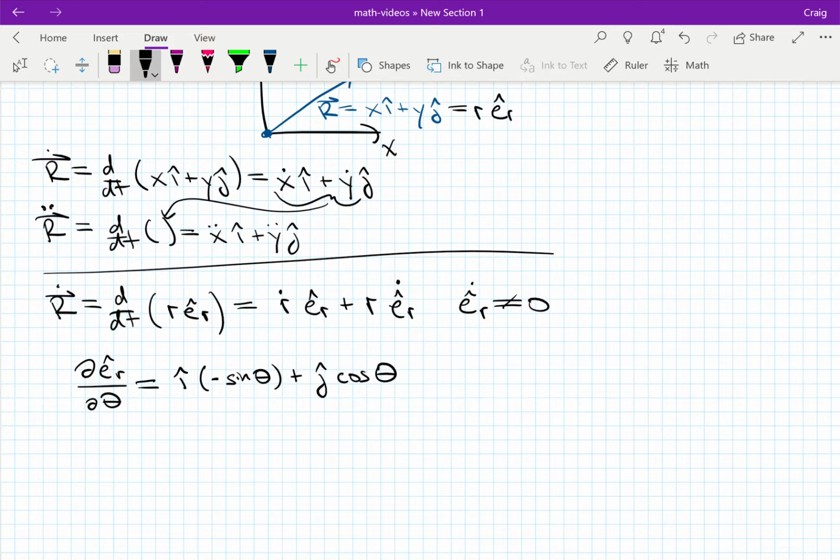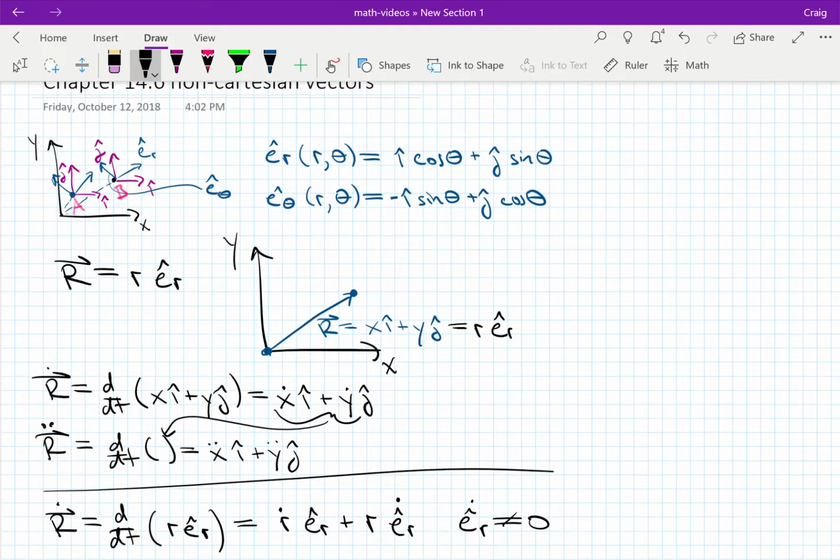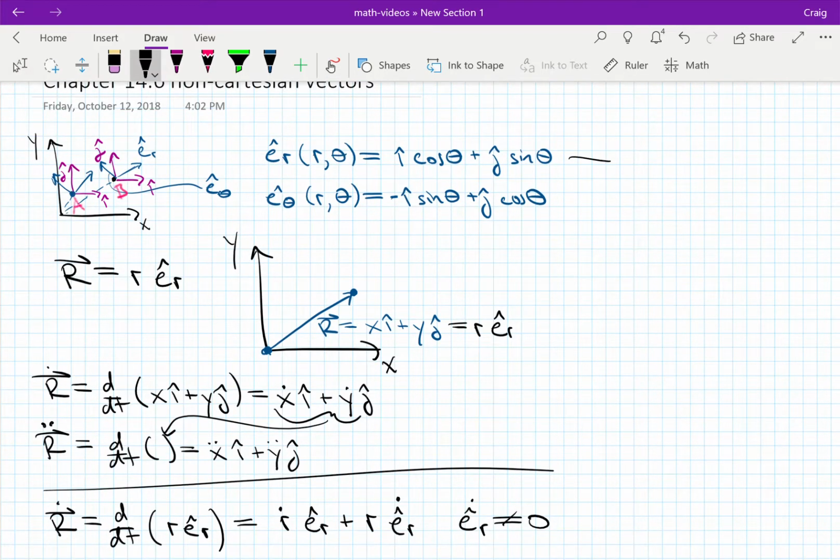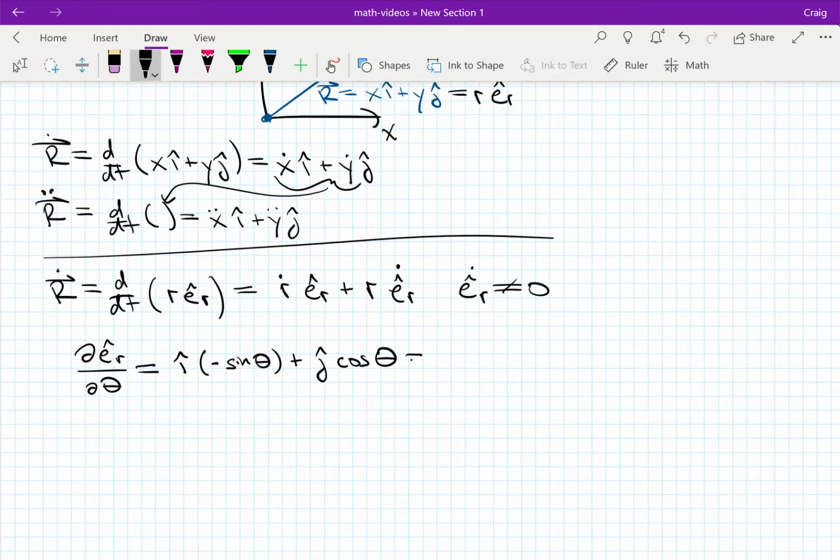All I did was take derivatives with respect to theta of that expression, and it ends up being e theta hat. So the derivative of er with respect to theta is just e theta. So this thing is really just e theta hat.